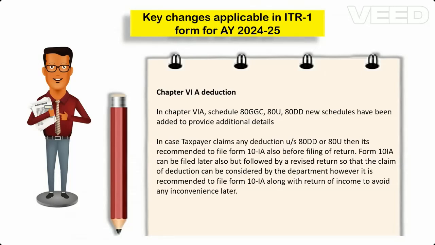So the key changes are also applicable for ITR filing for the Chapter 6A deductions, which generally cover deductions if you are donating to political parties, and the section for an individual with a disability who wants to go for tax saving.